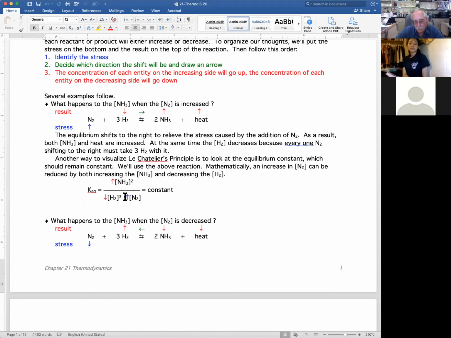Also numerically, if I were to increase this, I could counteract that by decreasing this. And does that make sense? Yes, every time one of these goes this way, it takes 3 hydrogens with it. So in other words, Le Chatelier's principle, you can look at it in terms of what's called the mass action shift, what happens, and also by looking at it, what happens to keep the constant a real constant.